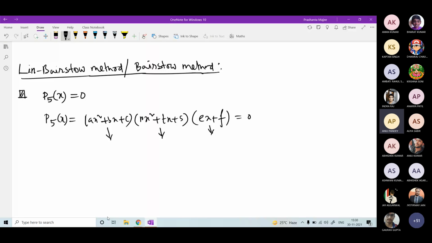If you start with an even degree polynomial equation, for example p6(x), how many quadratic factors will you get? 3 quadratic factors. So the idea is, if you consider an odd degree polynomial equation, you will get some quadratic factors and 1 linear factor. And if it is an even degree polynomial equation, all the factors will be quadratic factors.